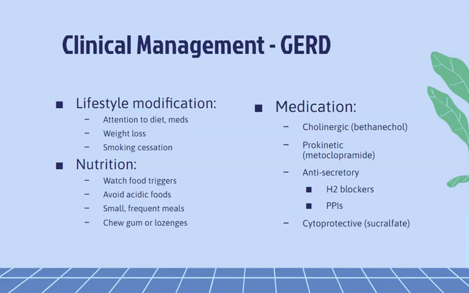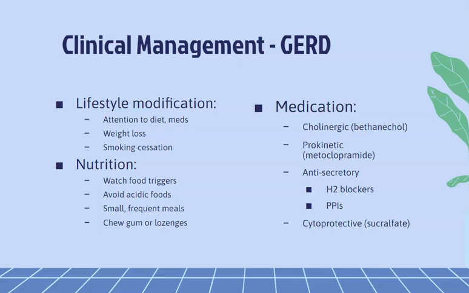We can also talk about medication management. Some of the bigger medications, or really maybe first line medications that are going to be tried, are your H2 blockers and your proton pump inhibitors. So the H2 blockers like Pepcid, Zantac, Tagamet, and then our over-the-counter proton pump inhibitors like Prilosec, Nexium, Prevacid, things like that.